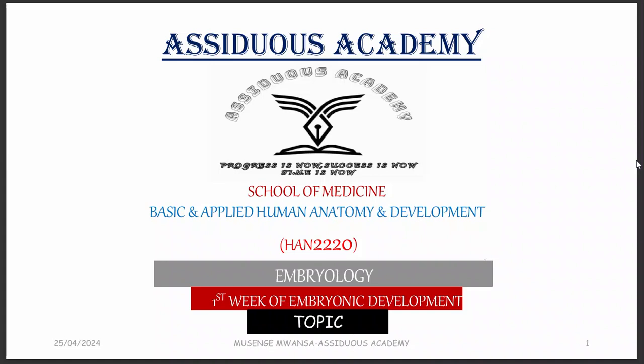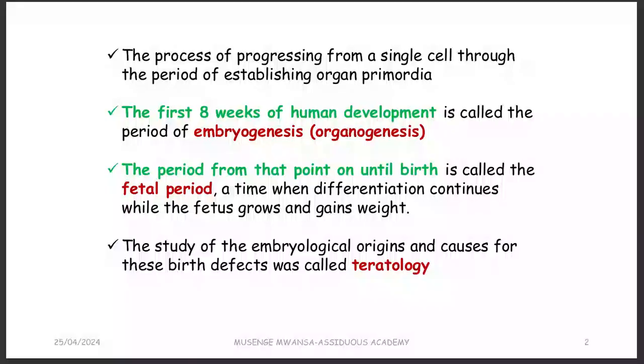All right. So the first week of embryonic development, we are talking about how the child is going to form from the first day to the seventh day. That's the first week.